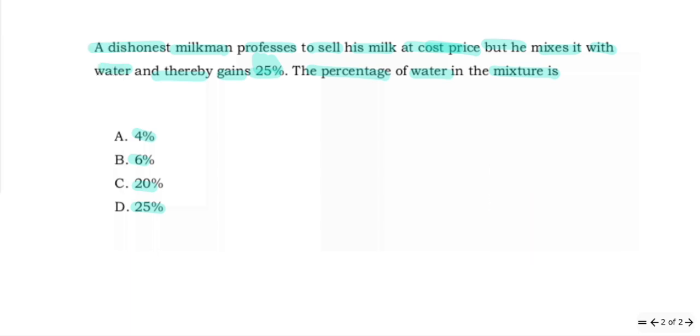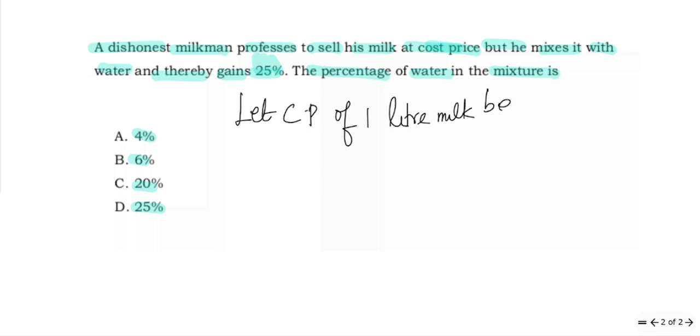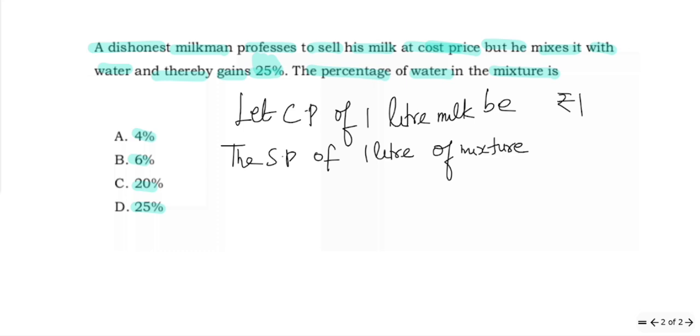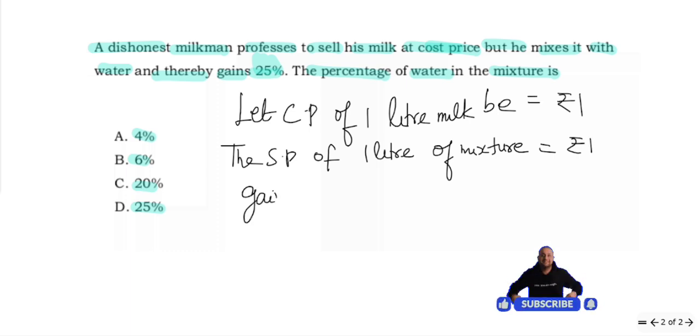Let the cost price of 1 liter of milk be 1 rupee. Then the selling price of 1 liter of mixture: while selling, we are mixing water and milk together, so for the mixture we are assuming that to be 1 rupee, with a gain of 25%.